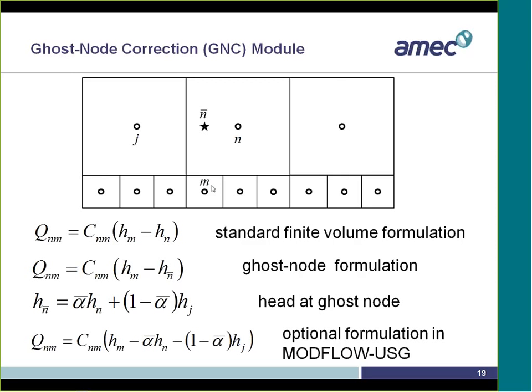It's an optional module because this correction may not be needed in lots of instances, for instance, the Voronoi tessellations, or if you are using grids that meet that CVFD property.